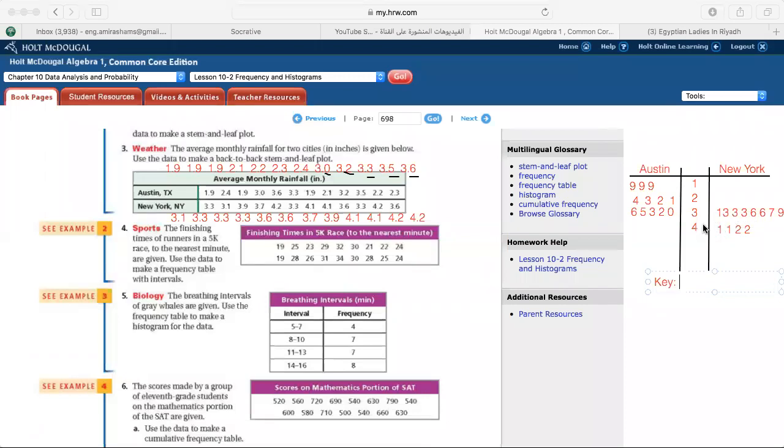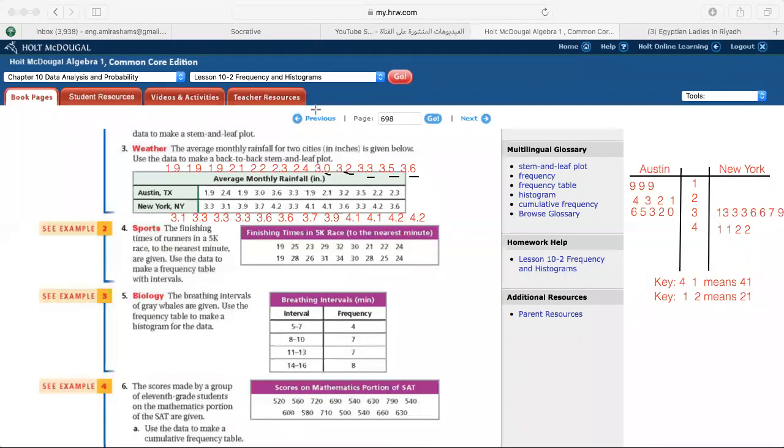So I will write 4 and 1, which means 41. The second key is, for example, 1 and 2, which means 21.